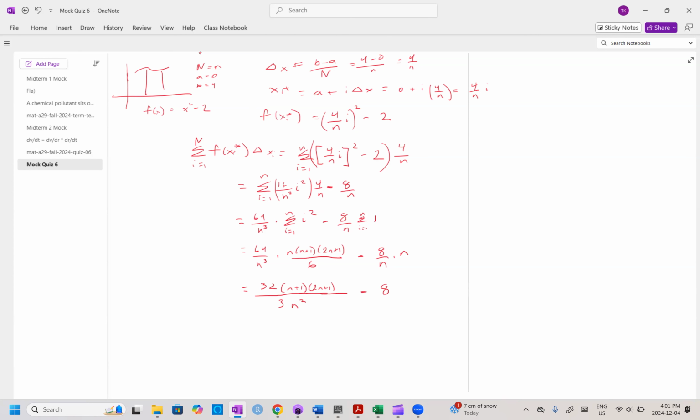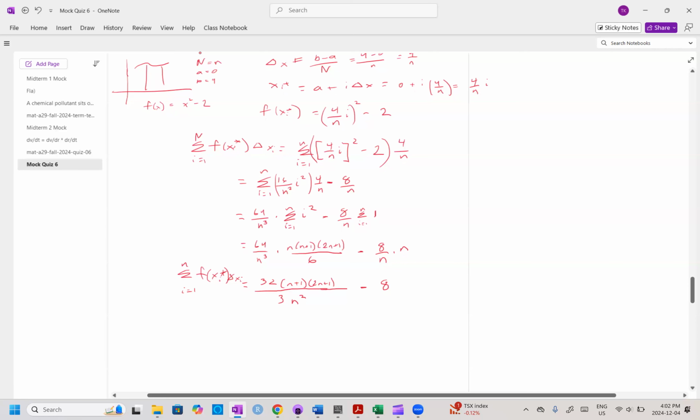Now, that is our Riemann sum. So the sum of i equaling 1 to n of f of xi star delta xi is the Riemann sum with n rectangles.